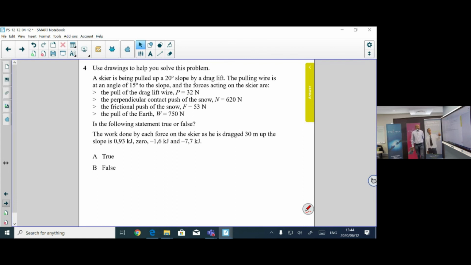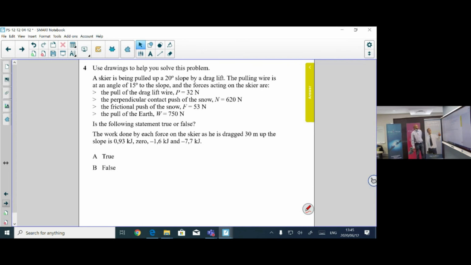The pulling wire is at an angle of 15 degrees to the slope, and the forces acting on the skier are: the pull of the drag lift wire, P, is equal to 32 newtons; the perpendicular contact push of the snow, N, is equal to 620 newtons; the frictional push of the snow, F, is equal to 53 newtons; and the pull of the Earth, W, is equal to 750 newtons.